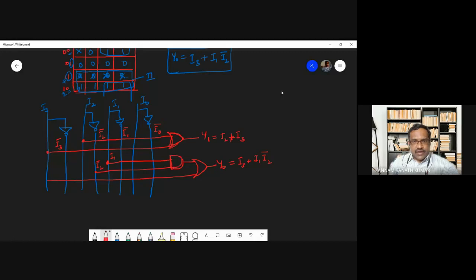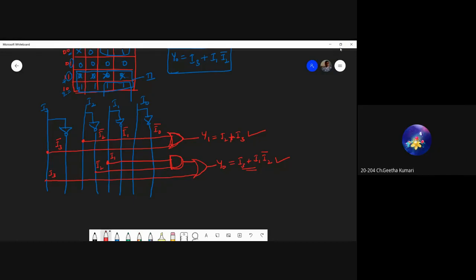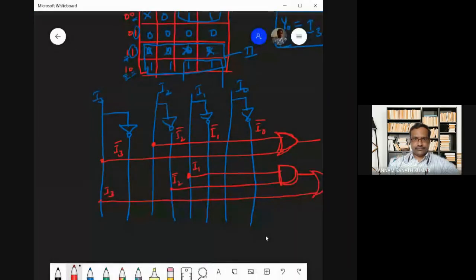Why? Because you have I1 and I2 bar. That's why I connected with an AND gate, and the output of this one and one more input, that is I3. This is I3, connected with an OR gate. So I will get this expression I3 plus I1 into I2 bar. Okay. So you got the expression for Y1 and Y0. You understood? Yes, sir. Geeta Kumar. Okay.